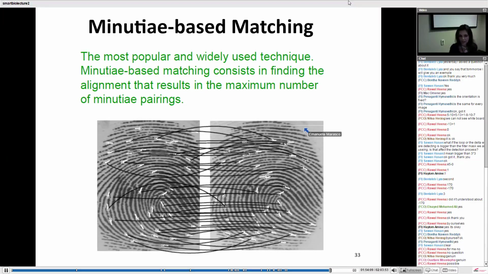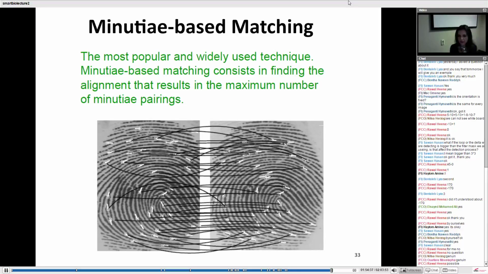We can define here that minutia-based matching consists in finding the alignment that results in the maximum number of minutia pairings. Right? So we visualize a certain number of minutia pairings. Now, why did you answer that this is a genuine matching? I'm waiting for it.